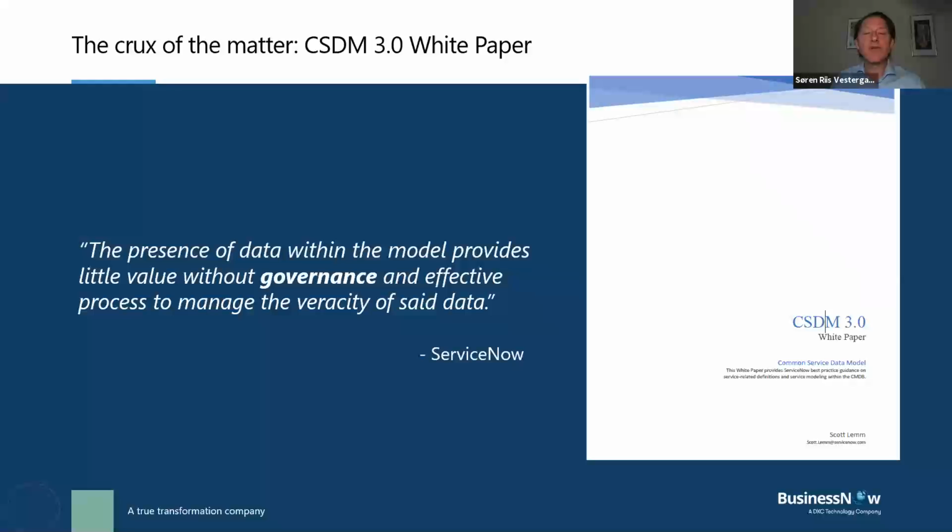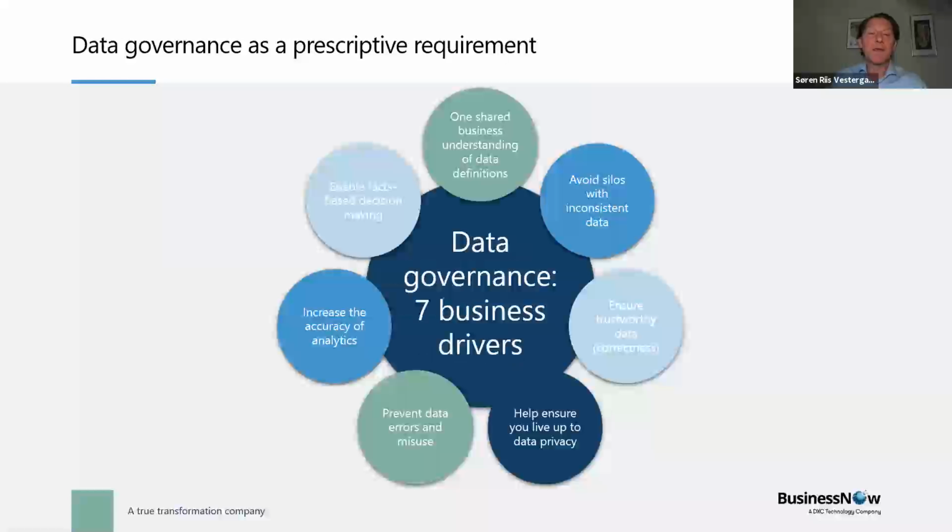So before anything else, let's get a good grip on the foundation data. And how can we do that? We can do it by ensuring that we have good data governance implemented around this. So I'm going to dive into this a bit more. So, data governance.